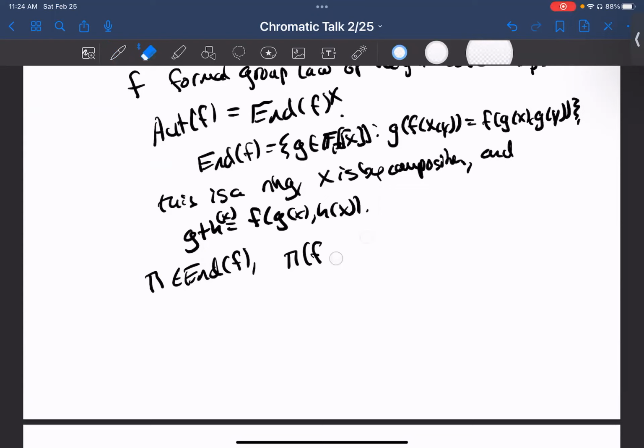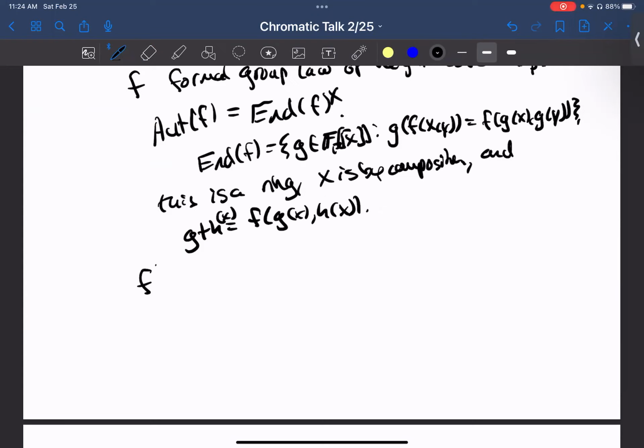Okay, maybe I don't want to define that yet. But to this F, this formal group law, we can form another formal group law F^p, where we take F(x,y) equal to the sum of a_ij x^i y^j.